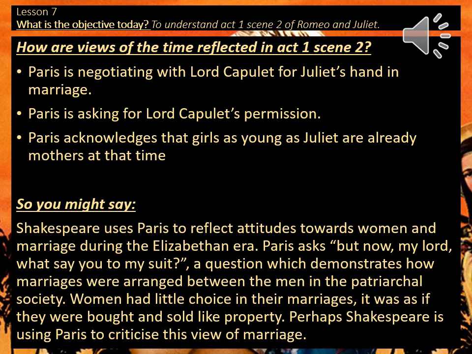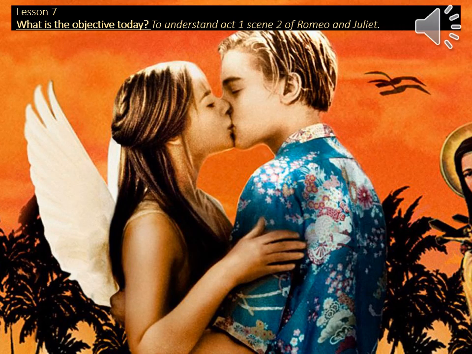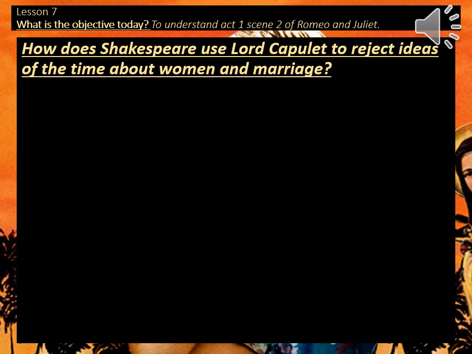But, as we've said, Lord Capulet at the moment seems to reject those ideas. So let's think about what that might look like. So if the question now is how does Shakespeare use Lord Capulet to reject ideas of the time about women and marriage, we might draw on some of these ideas.